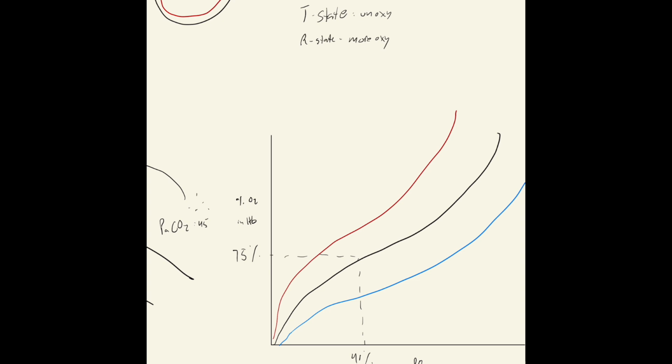Some factors that can affect these left or right shift, one major one is CO2. Concentration of CO2 in our blood will be majorly right shifted, and that is because it holds the hemoglobin in their T states, which will prevent them from binding oxygen.